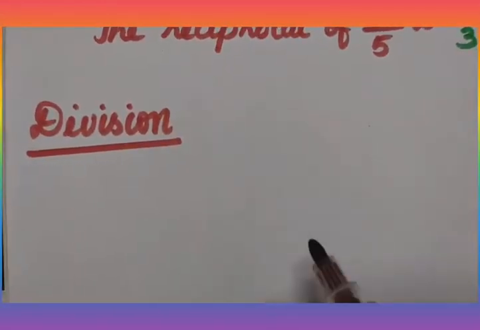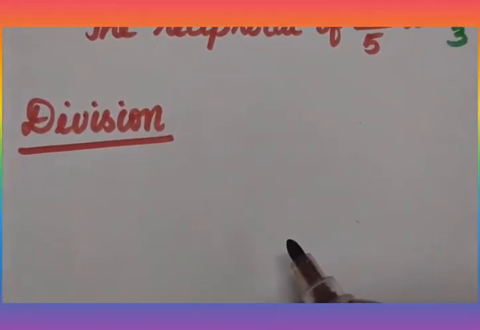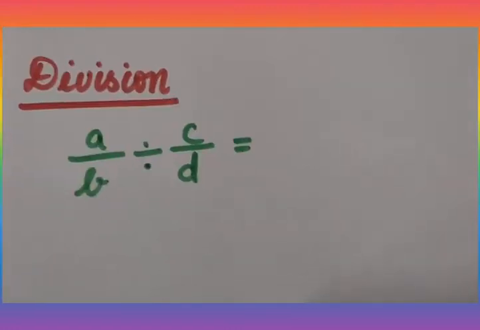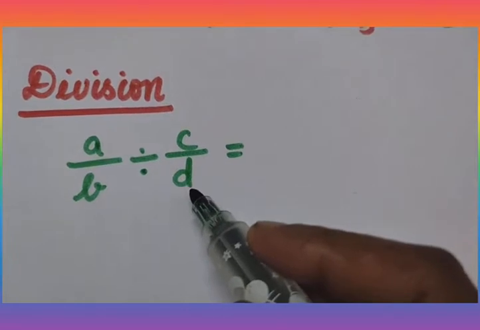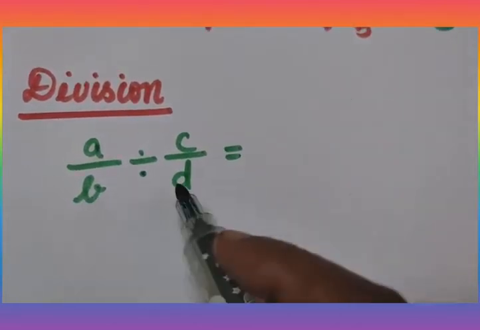Children, next we shall learn about division. Division of rational numbers. To find a by b divided by c by d, we are going to divide two rational numbers.